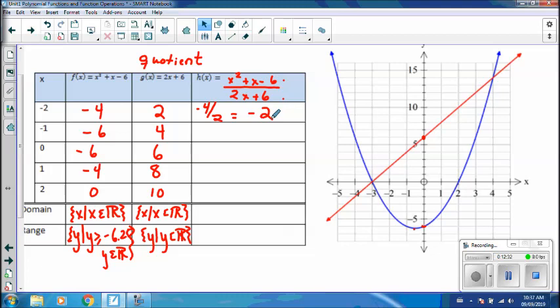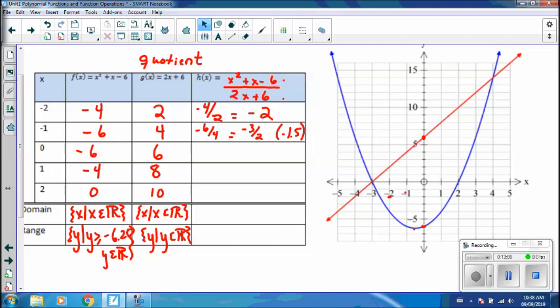When x is -2, the y value is also -2. So that's this point right here. -6 over 4 is -3 over 2, or if you prefer, -1.5.